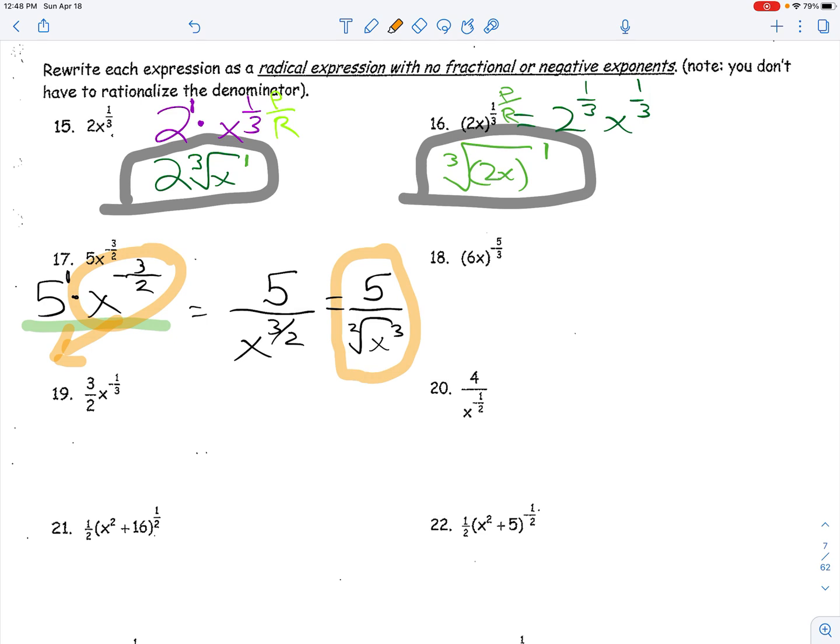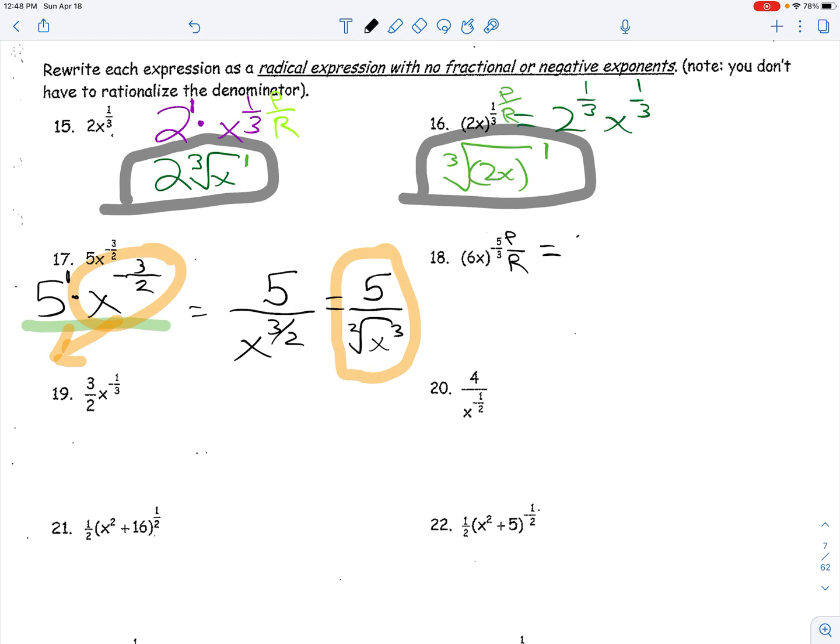Number 18 is now that both the 6 and the x are being raised to the negative 5/3 power, okay? So, if you want to do power over root first, like I was saying there in the previous question, you can.